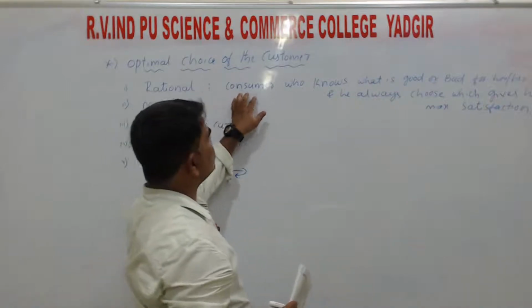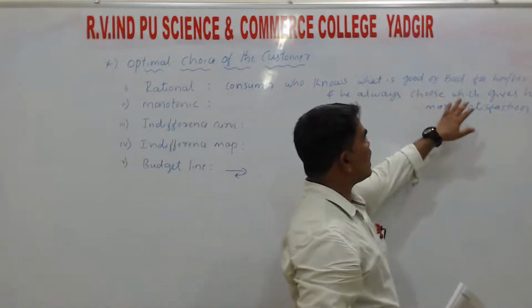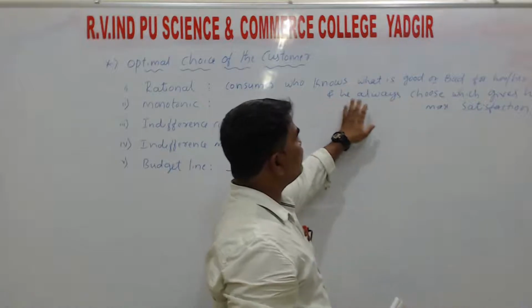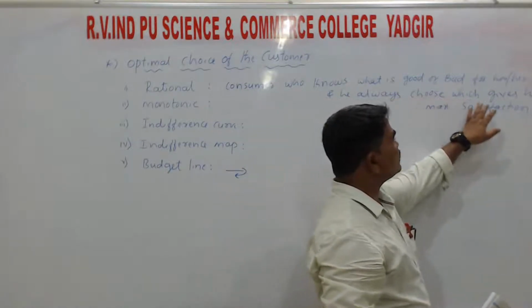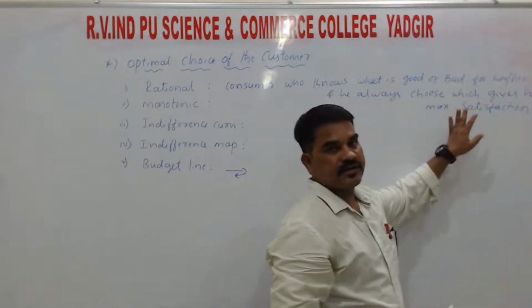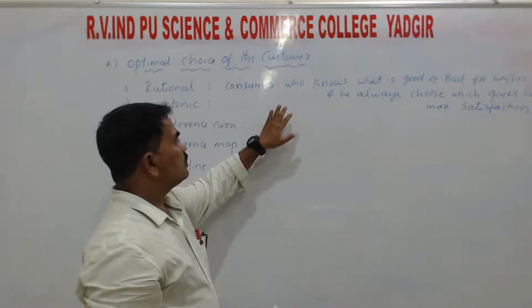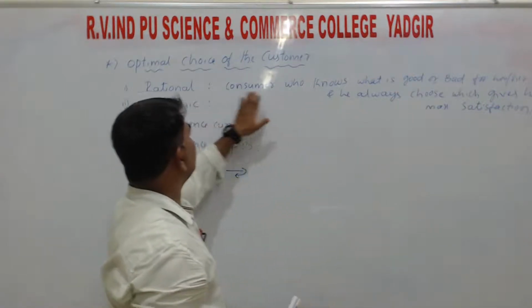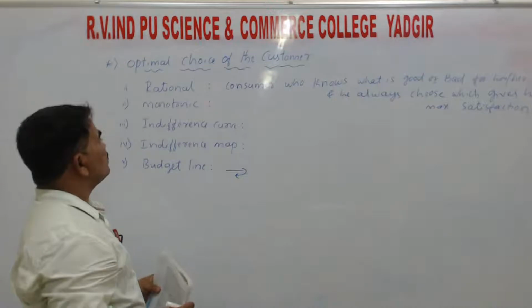A rational consumer is a consumer who knows what is good or bad for him or her, and he always chooses the products which give him maximum satisfaction. This we call rational.